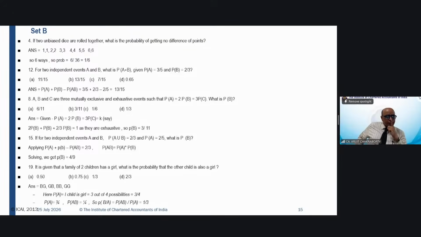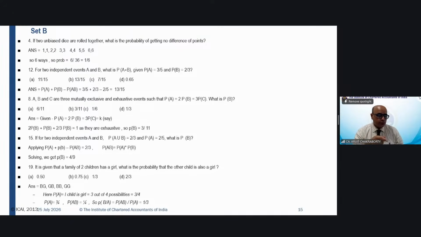Next, the question says, first we are finding the probability of A, that one child is a girl. Because the question says, it is given that in a family of 2 children, there is a girl. What is the probability that the other child is also a girl?